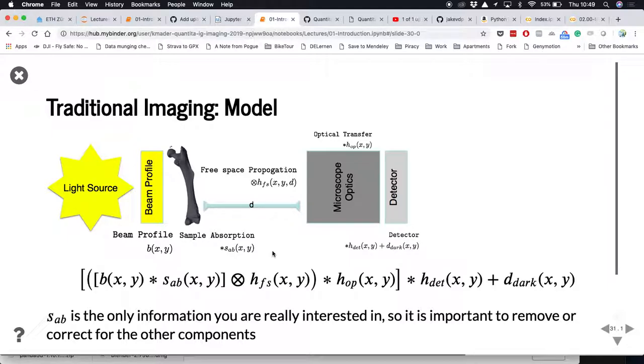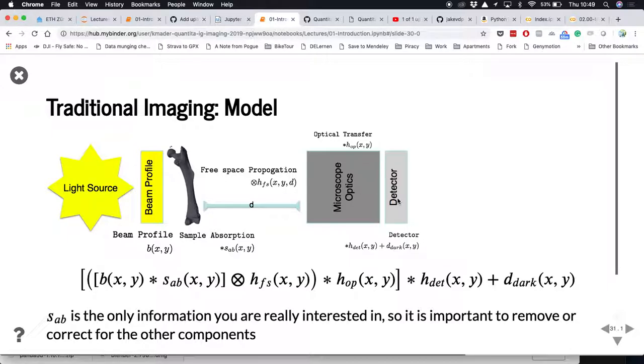This is math you really don't need to worry about at all, but basically for the most standard image problems, you have a light source, which has some kind of profile associated with it. You have your object, you then have free space propagation, and when light travels in free space, it blurs. And then your whole microscope optics, which can additionally blur or add artifacts to your image.